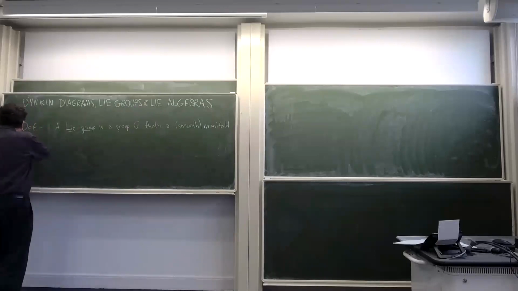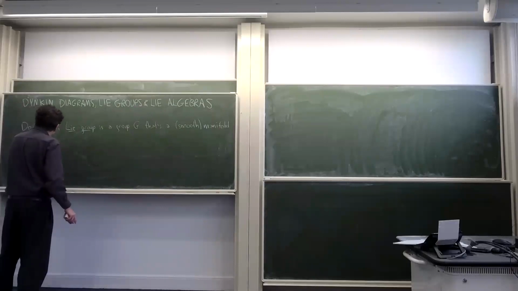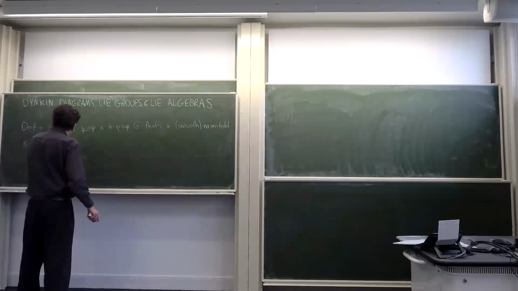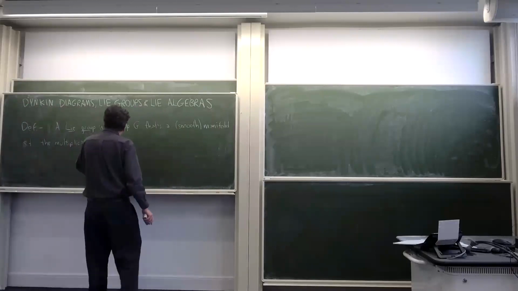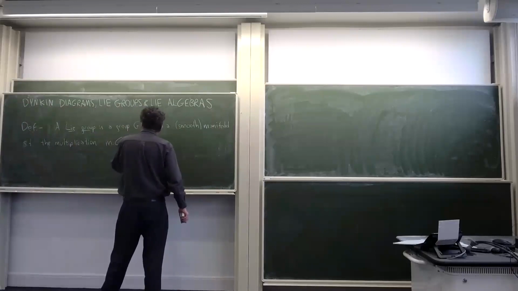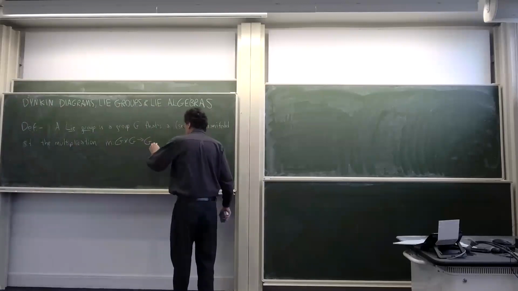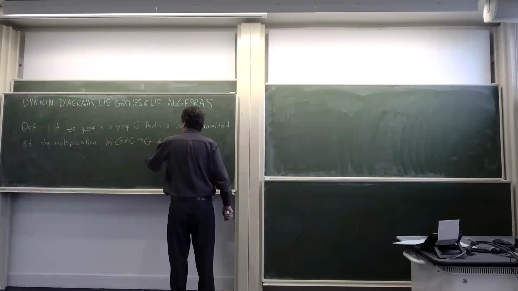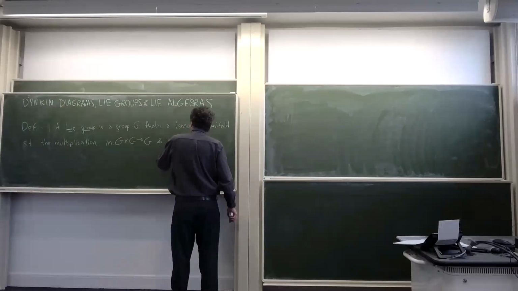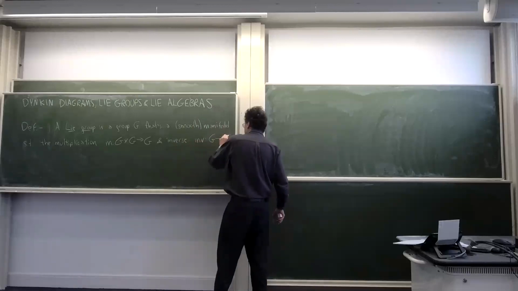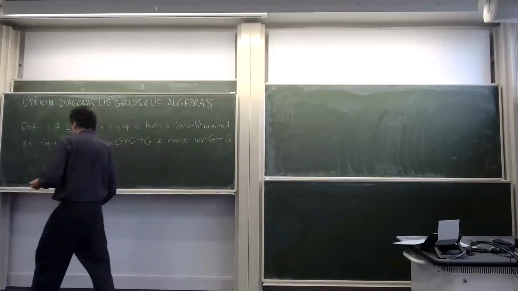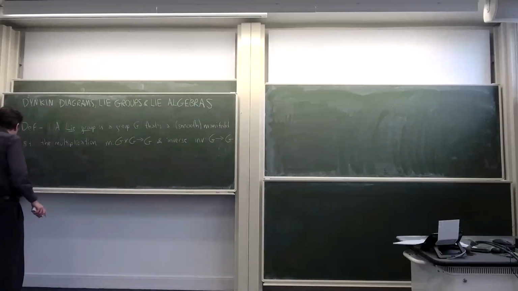such that the multiplication map, for starters, is smooth. So we have this map M from G times G to G, and we want that to be smooth, but also, just to be careful, we should maybe say the inverse map, sending any group element to its inverse, is smooth.